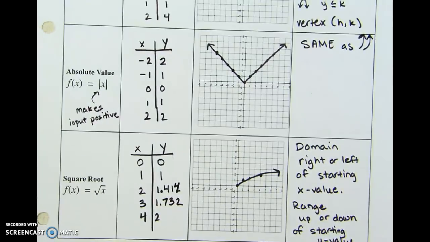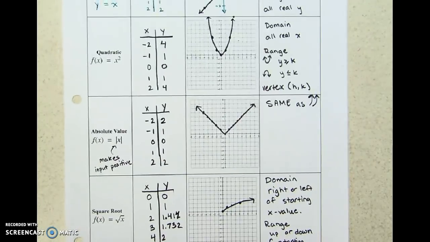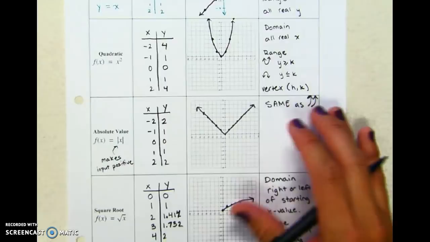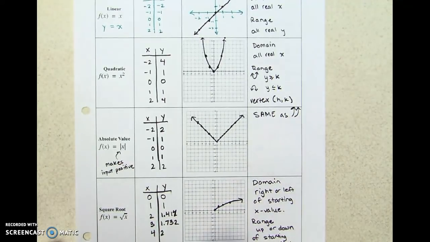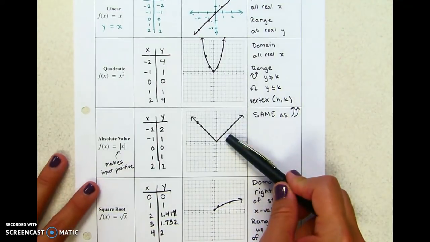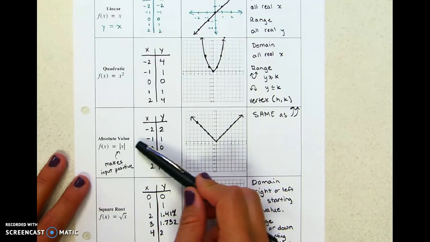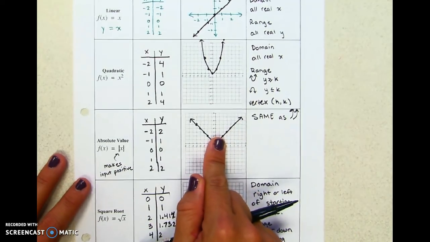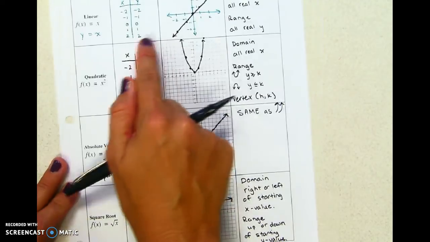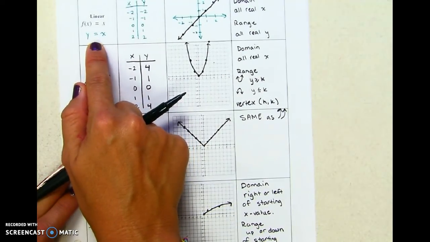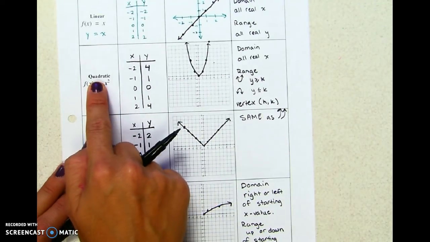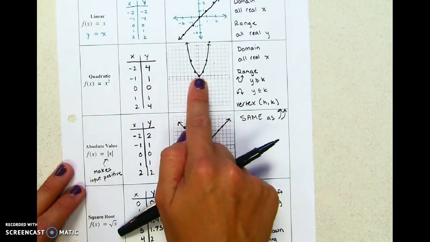Okay, what do you need to know about these? I've told students in the past, memorize this page. What do you need to know? If you see the picture, you should be able to name it, that's an absolute value. If you see a line, you should say, oh, that's y equals x. If you see the word quadratic, you should see this picture in your head.